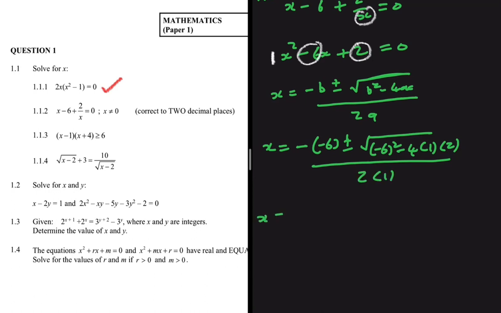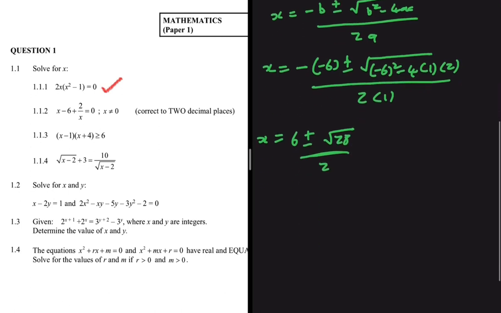So x will be equal to 6 plus or minus the square root of 28 divided by 2. So x will be equal to 6 plus the square root of 28 divided by 2, or x is equal to 6 minus the square root of 28 divided by 2.